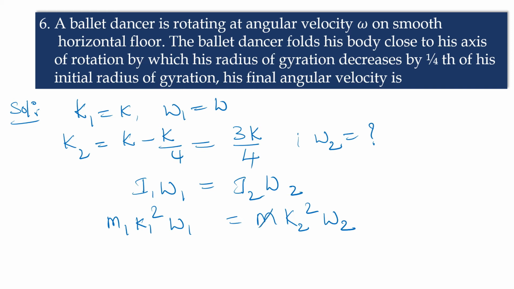Here m gets cancelled, and k1 square omega 1 is equal to k2 square omega 2. Now in the place of omega 1 we are writing omega. So k square into omega is equal to, k2 being 3k by 4, whole square, omega 2.